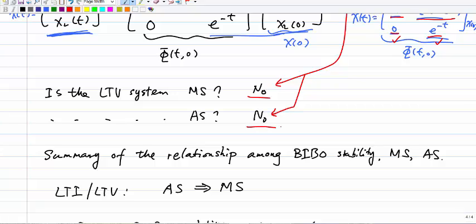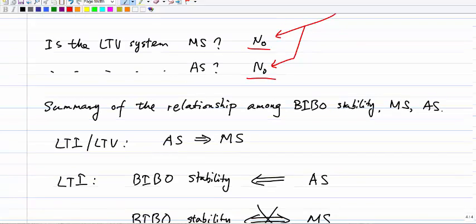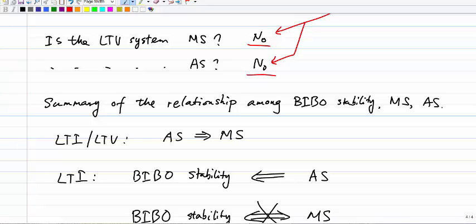Okay. So lastly, I want to talk a little bit about a summary about the relationship among the BIBO stability, marginal stability, and asymptotic stability. Okay, so we'll talk about these two cases for linear time invariant and linear time variant systems.